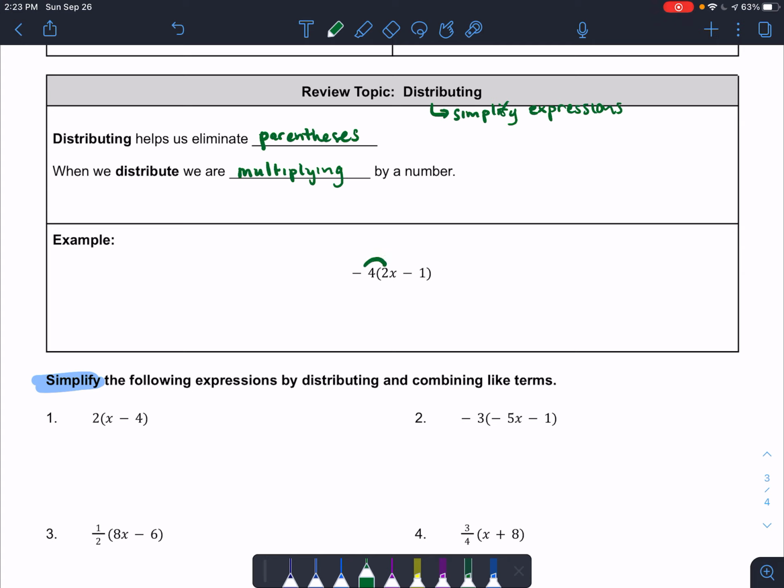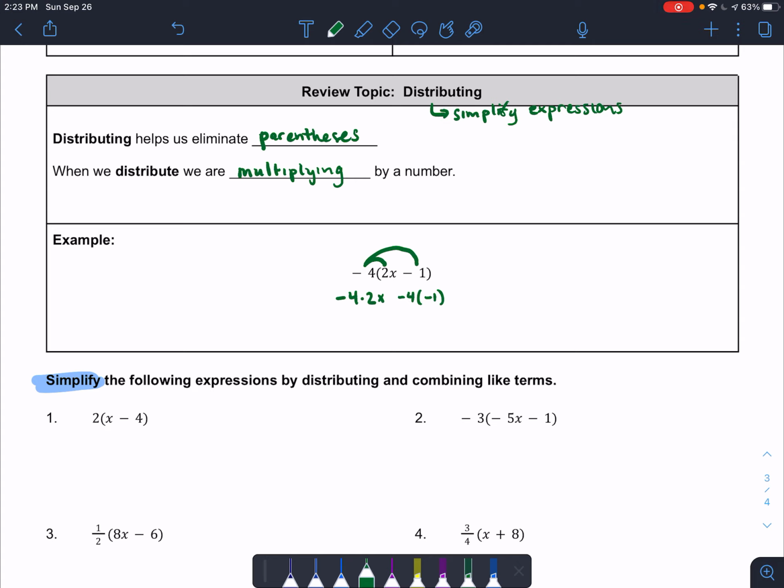So I like to draw these little rainbows. I know that what I'm really doing is -4 times 2x, and I'm also doing -4 times -1.